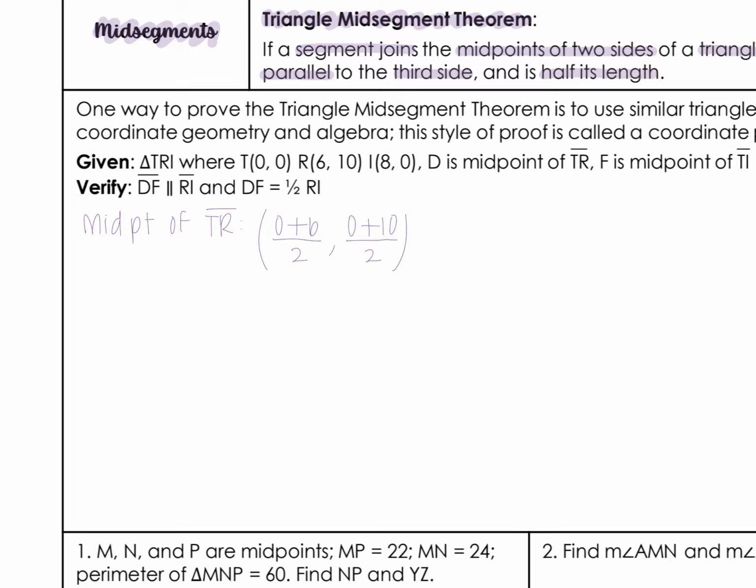Okay, so now that I've plugged into my midpoint formula, I can see 0 plus 6 is going to give me 6. And when I divide that by 2, I'm going to get 3. Then 0 plus 10 gives me 10. 10 divided by 2 will give me 5. So the coordinates of my midpoint, point D, are going to be 3, 5.